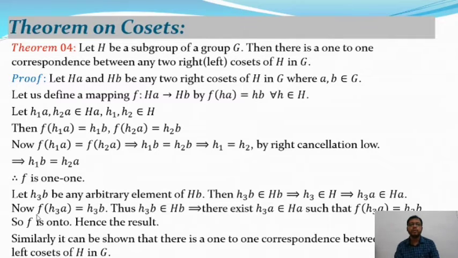Now f(h3a): applying the above relation f(ha) = hb, we conclude that f(h3a) = h3b. Thus h3b belongs to Hb, and this implies there exists an element h3a belonging to Ha such that f(h3a) = h3b.